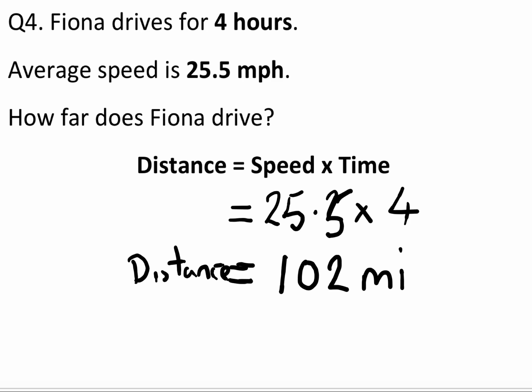And remember, you need to put in the units to get that little bit of an extra mark. And that's what, you know, in the exam. So it's 102 miles. So you put in the unit and that gives you another extra mark.